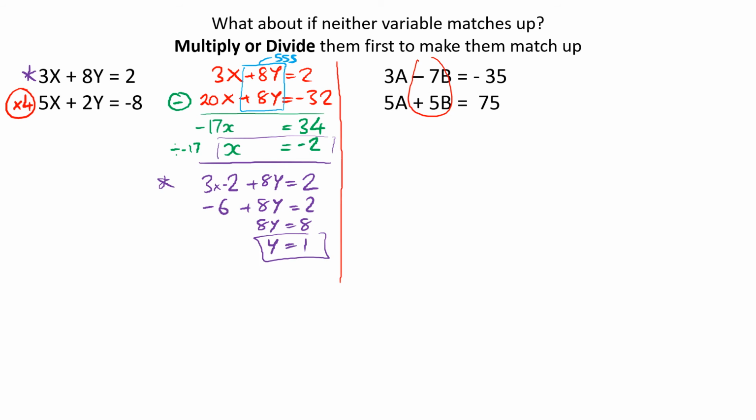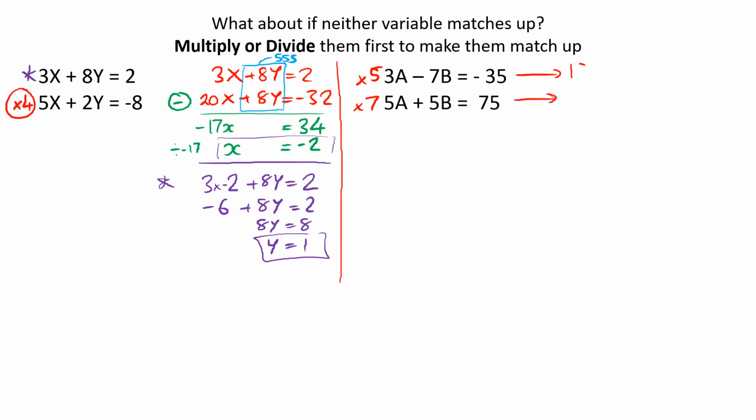It makes the signs work out a bit nicer, but it's very much personal preference. I'm going to times this one by 5, and this one by 7. Why? Because then 7 will become minus 35, and 5 will become 35. Tends to be the thing that you can multiply them by each other's number, just like when you want to find a common denominator for a fraction, you multiply them by each other's denominator. So bear that in mind.